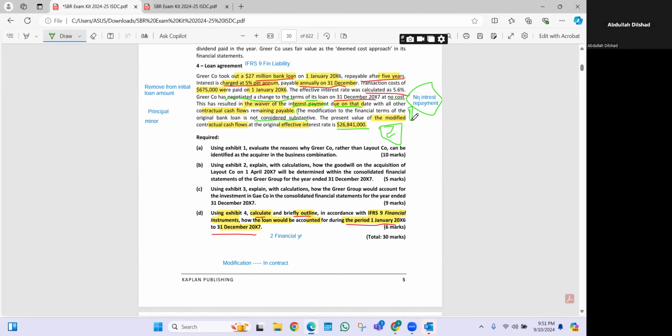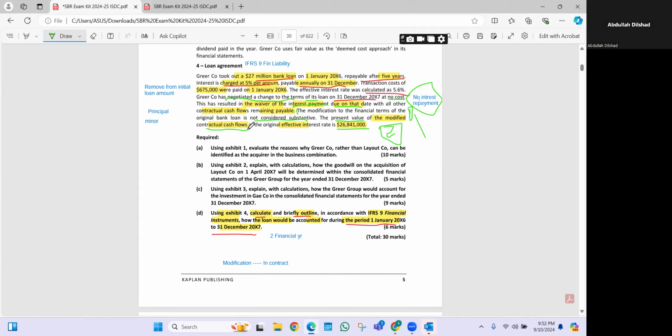I told you there are two parts that I need to discuss in terms of contract modification. One part was already discussed. It affected my amortization table, so I went and included that in my amortization table. That's almost done. The present value of the modified contractual cash flows is 26,841.